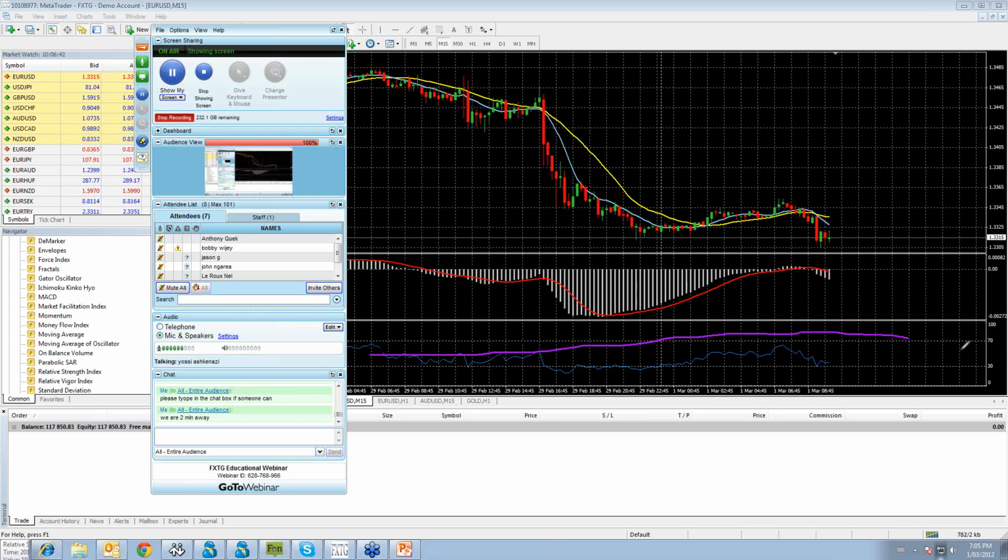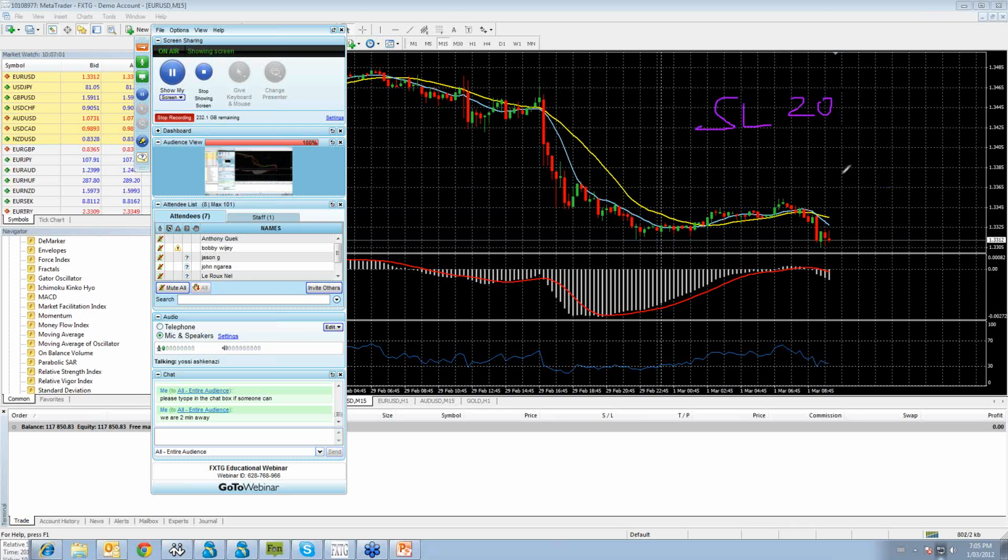If 50 is the center here, and I still see a downtrend and it's not oversold yet, and I see this crossover occur, then definitely it's still short for me on a 15-minute chart. So usually I'll put a stop loss of about 20 pips and a trailing profit of about 10 pips using this type of strategy where they're all in line together.